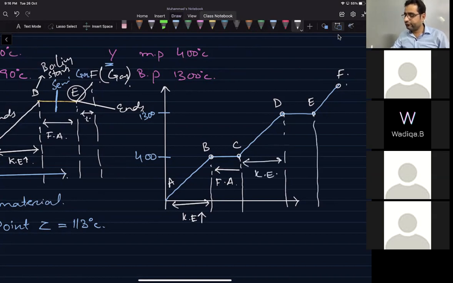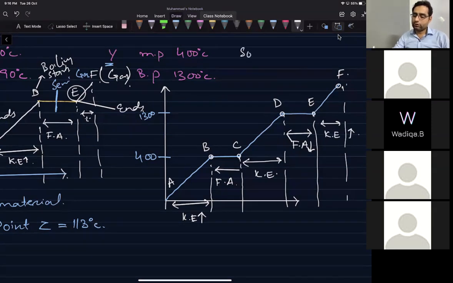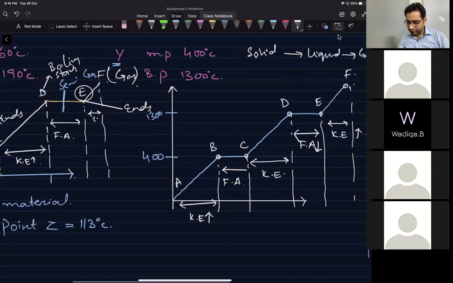Between D and E, forces of attraction are reduced. And between E and F, again, kinetic energy is increasing. So this was the heating curve for normal substances, which go from solid to liquid, and from liquid into gas. You'll explain it in this way.